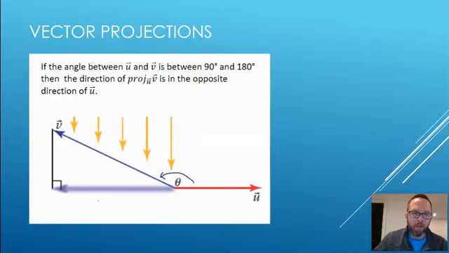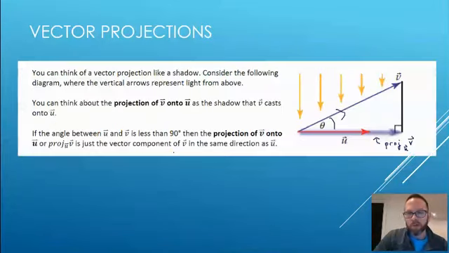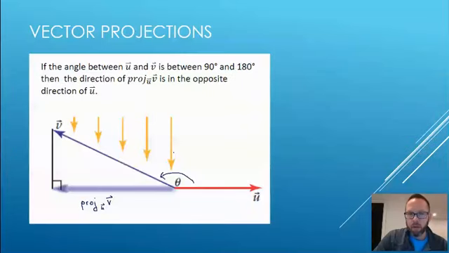Well, in that case, you can still think of the vector projection onto u of v as a shadow, except this time the vector projection will be going in the opposite direction. It's still parallel to u, but in the opposite direction. So acute angle, same direction. Obtuse angle, the vector projection goes in the opposite direction.